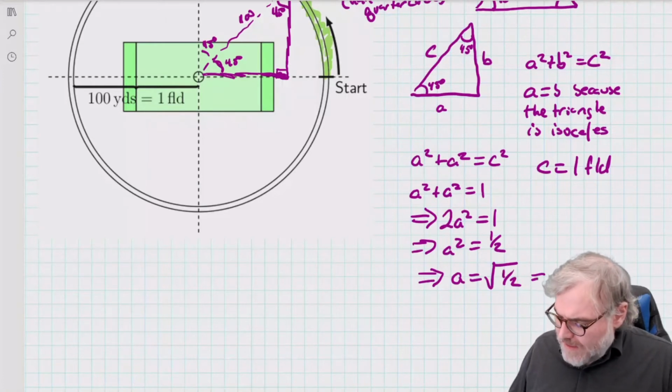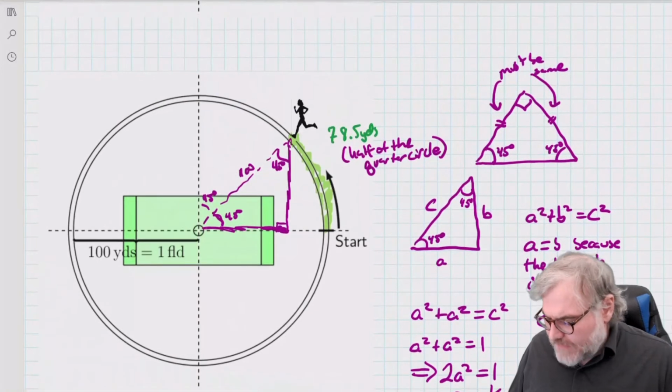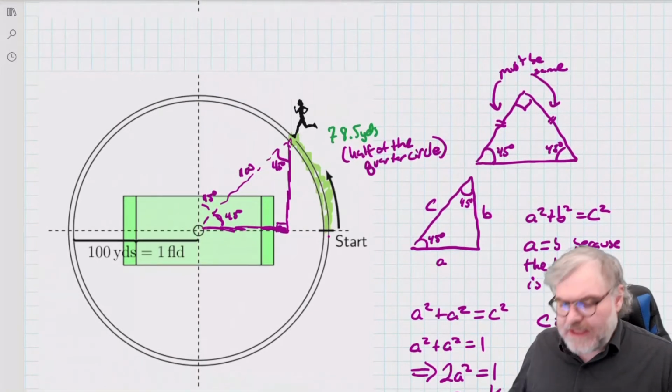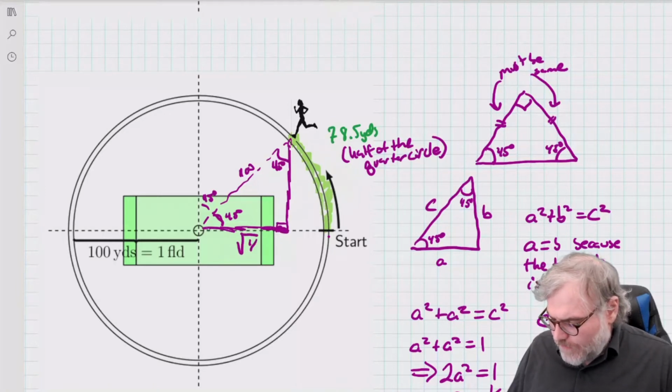Which implies that B equals the square root of 1/2 because A equaled B. So now I know that if this runner runs halfway from here to here, the water boy is going to go east, square root of 1/2, and north, square root of 1/2 fields.